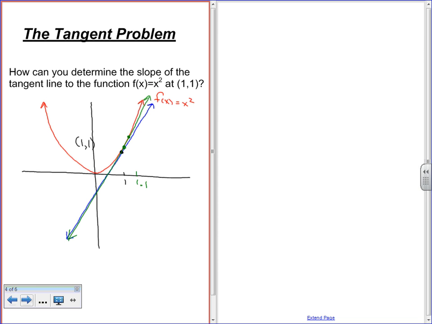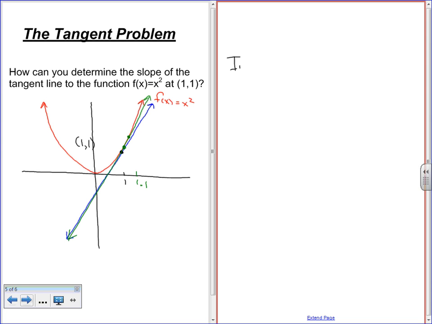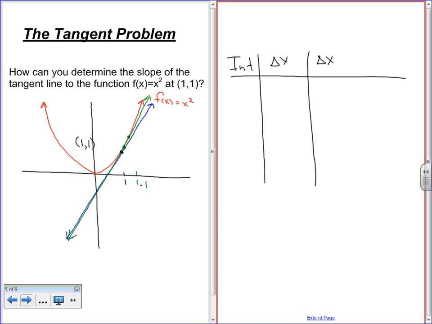Essentially, we want to move the green point so close to the black point that it essentially becomes the same point and it becomes the tangent line. And that becomes the instantaneous rate of change. Does that make sense for the people who follow along? Okay. So now, whenever you see the slope of a tangent line, you should think, I need to do the instantaneous rate of change. And that is essentially the entire guide.